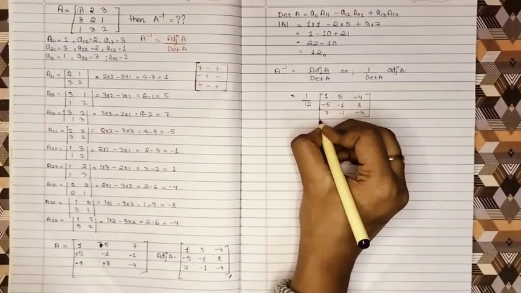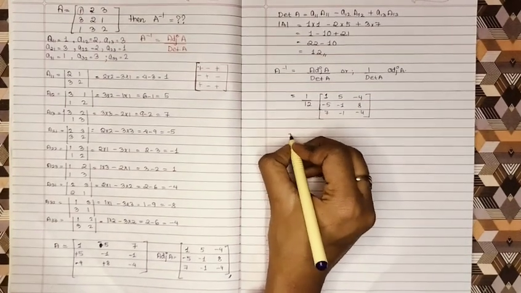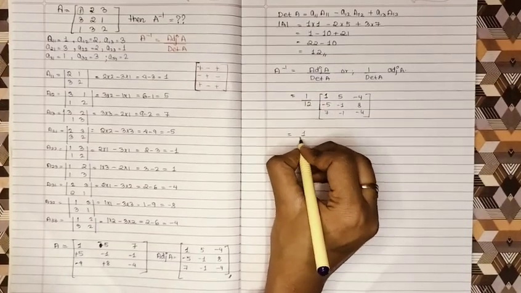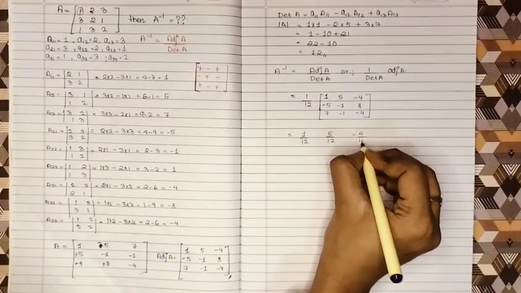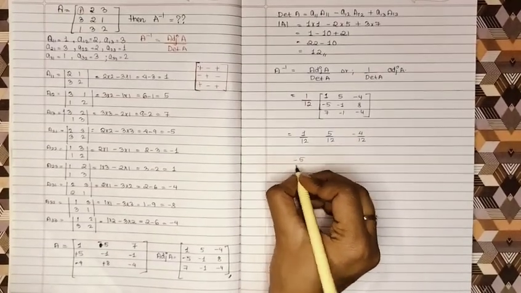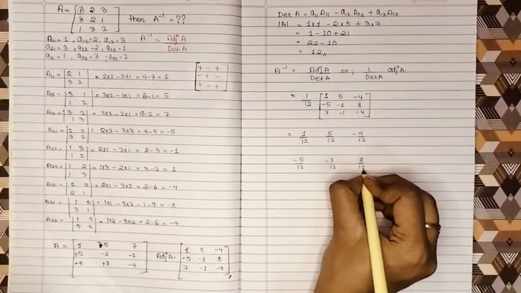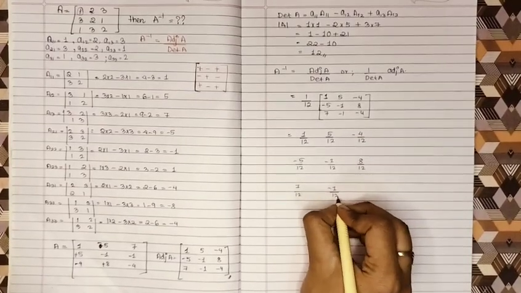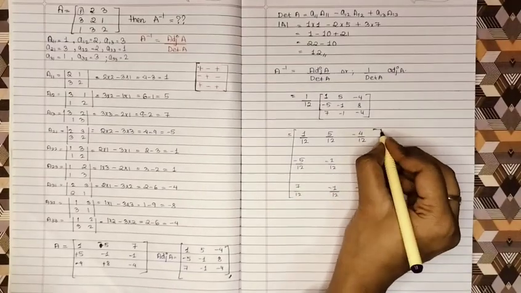So this is our answer. Now you can do one more thing: divide every term by 12. So 1 by 12, 5 by 12, minus 4 by 12, minus 5 by 12, minus 1 by 12, 8 by 12, 7 by 12, minus 1 by 12, minus 4 by 12. So this is how you write your A inverse.